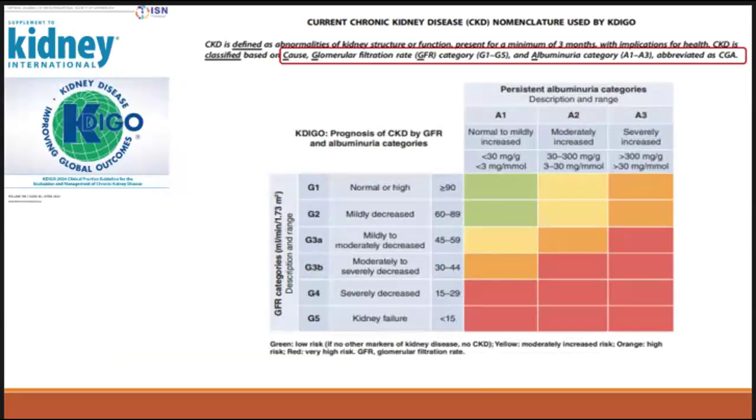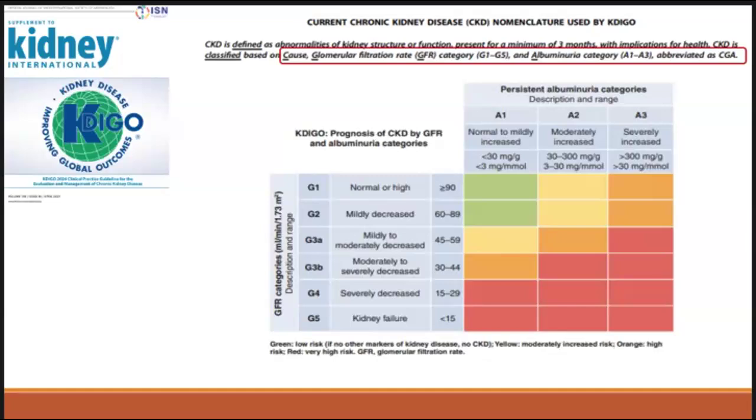And we usually have 2 categories of damage that we consider. One is the glomerular filtration rate, another one is the albuminuria. And depending on that, we can categorize according to this chart. The red is CKD high risk, and the green is when the patient doesn't have any other risk factor, that the patient doesn't have CKD.